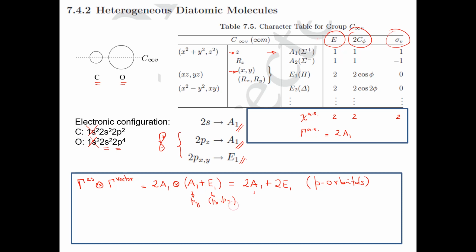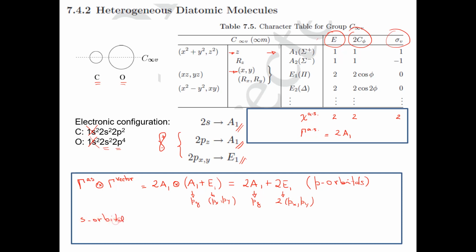So this is going to be 2 pz molecular orbitals, and these are going to be 2 px py degenerate molecular orbitals. Okay, so this is for p orbitals. For s orbitals is the same as I have considered before.